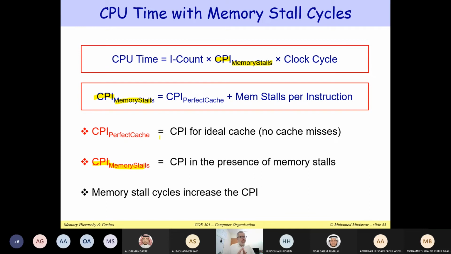Now we can assume that we have a perfect cache. A perfect cache means that everything is found inside the cache and there are zero misses, so the miss rate is zero. If you can have a perfect cache that has a zero miss rate, we call it perfect. If everything is found inside the cache and there are zero cache misses, there is no need to stall.